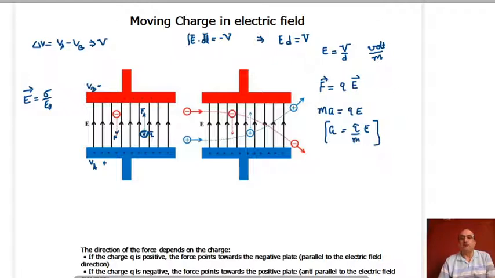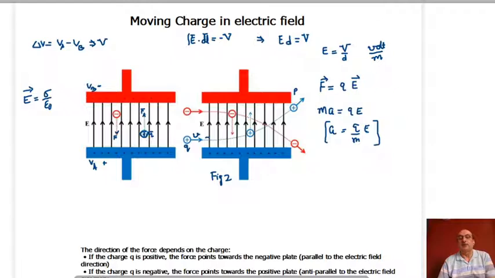Now in figure number 2, the positive charge represented by the blue circle is entering with some velocity perpendicular to the electric field. Then the motion of the charge will be just like a mass moving inside the gravitational field other than in the vertical direction, that was parabolic motion.